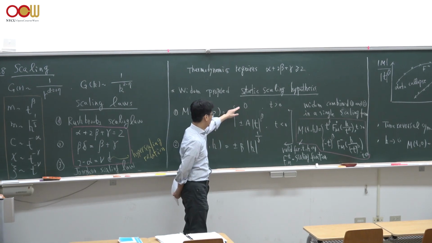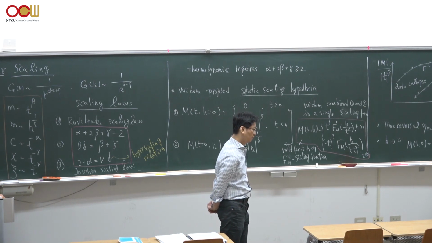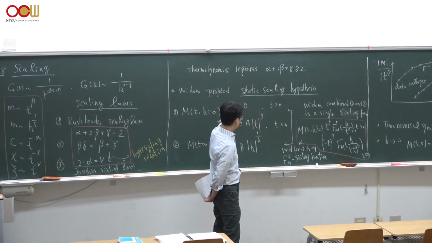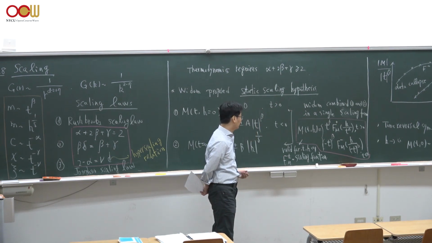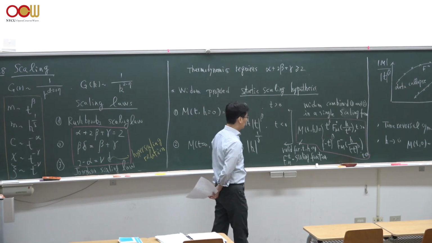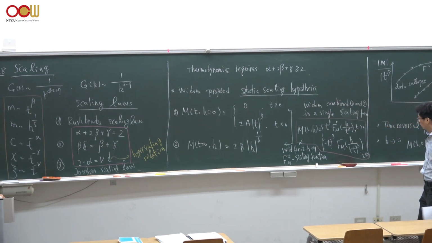So in fact, these are three different phenomena, okay? Zero field above or below Tc, or at the Tc but at finite field. So these three behaviors can be combined into the single scaling form following Widom's proposal that we already introduced in the very beginning of our course.